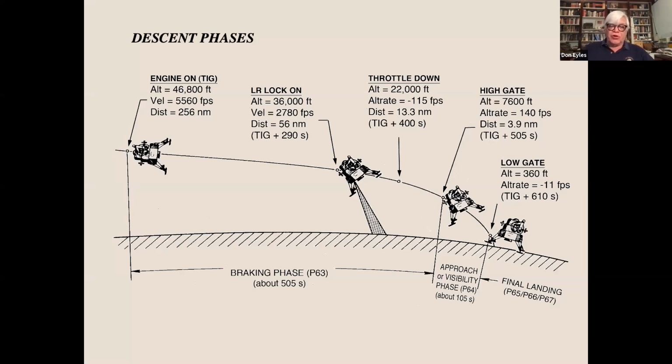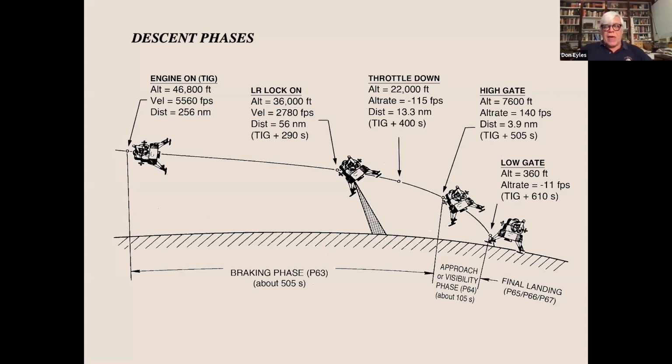Initially, thrusting was directly against the direction of motion. But gradually, as the guidance equation controlled the attitude and the throttle, the LEM moved to a more straight up posture. But that happened in phases. The first phase was called the braking phase.